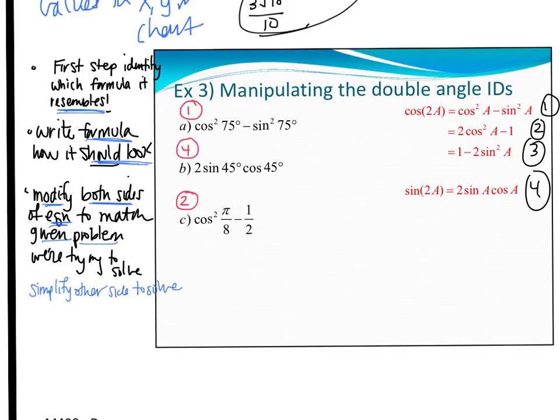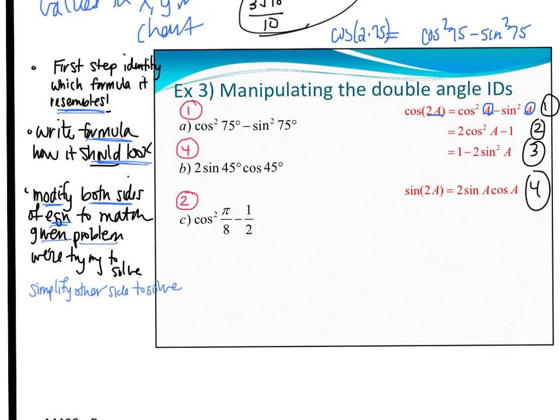Now, something I want you to understand is that whatever angle we see as angle A, when we write it as a double angle, we are actually going to double that angle. So for example, if I see that I have cosine squared 75 minus sine squared 75, I can say that that is equal to cosine of 2 times 75. Okay?